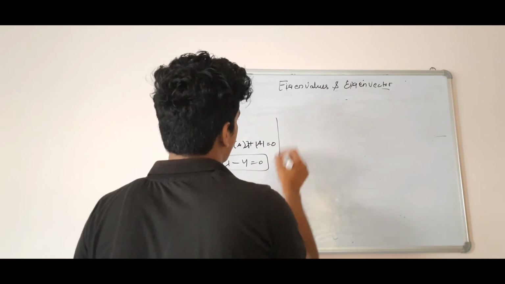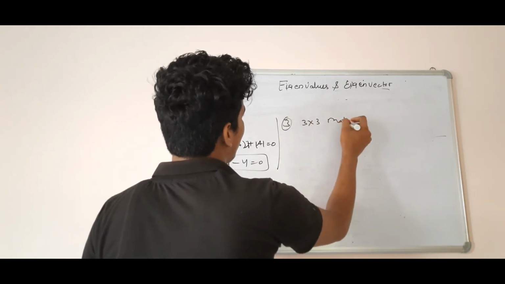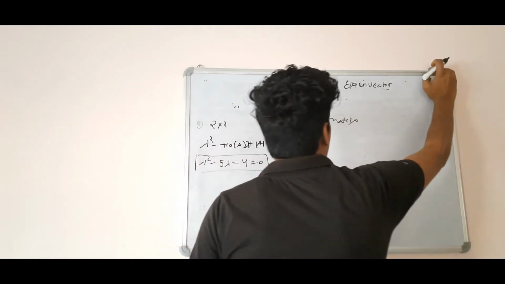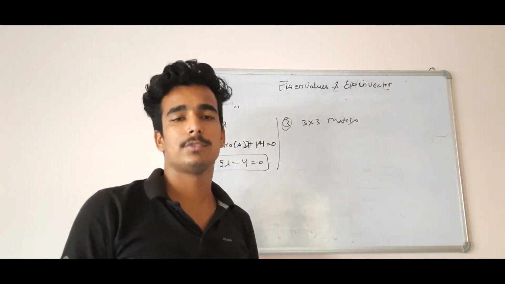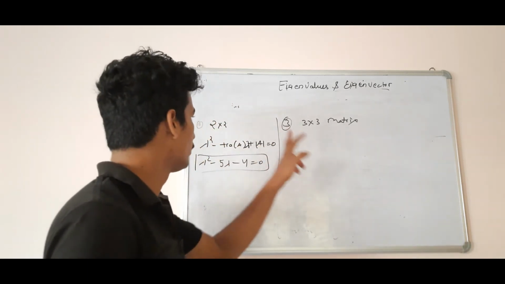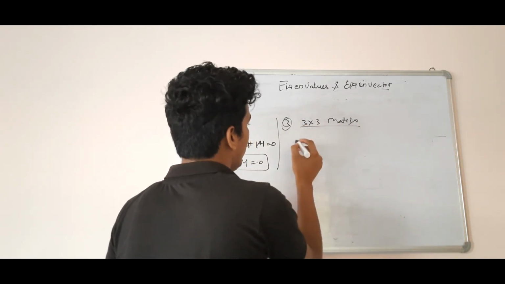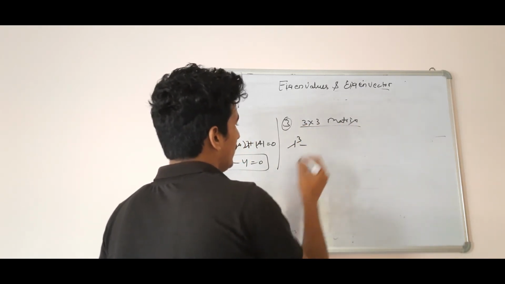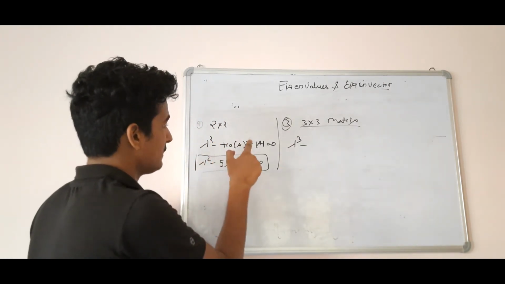Again, for a 3x3 matrix, these are short tricks. If you don't want to do the mathematical calculation, or you know you will do something wrong in those calculations, you go for this simple trick. For a 3x3 matrix, lambda cubed, you have to change the sign alternately, plus minus plus.